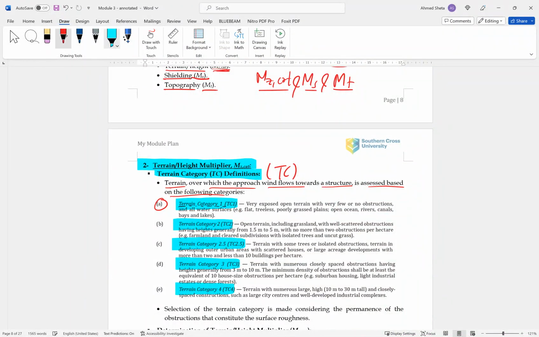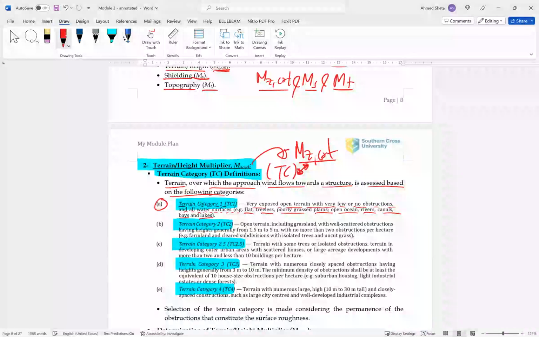So to determine MZ, first of all we need to know TC, the terrain category. Terrain category 1 is very exposed open terrain with very few or no obstructions, and all water surfaces. Examples: flat, treeless, poorly grazed plains, open oceans, rivers, canals, bays and lakes.